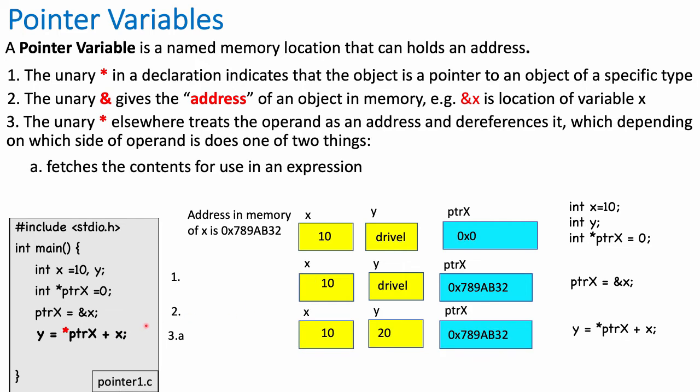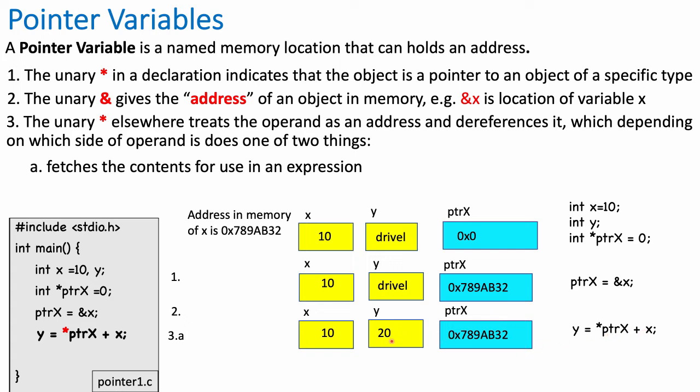Next up, we're using the star in an assignment. If it's on the right-hand side of the assignment, we're saying use the contents of whatever this is pointing to in the expression. So in this case, pointer x is pointing to x. We take whatever that value is, 10. 10 plus x, 10 plus 10 is equal to 20.